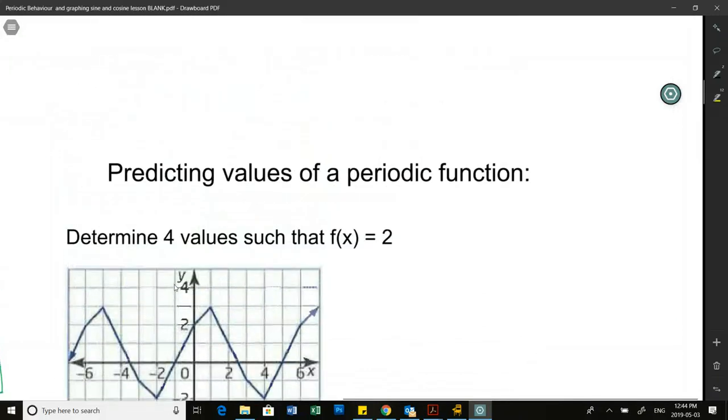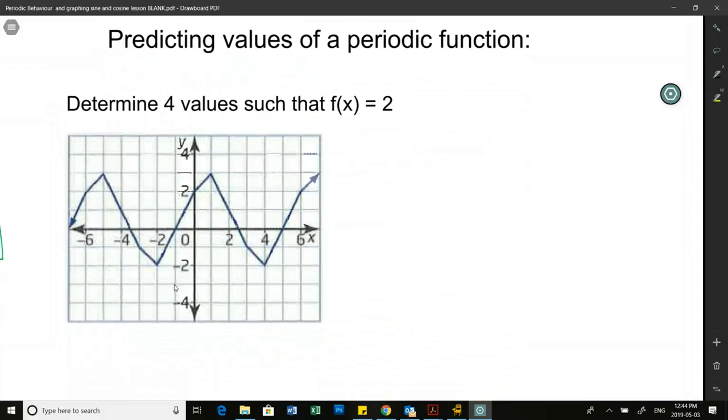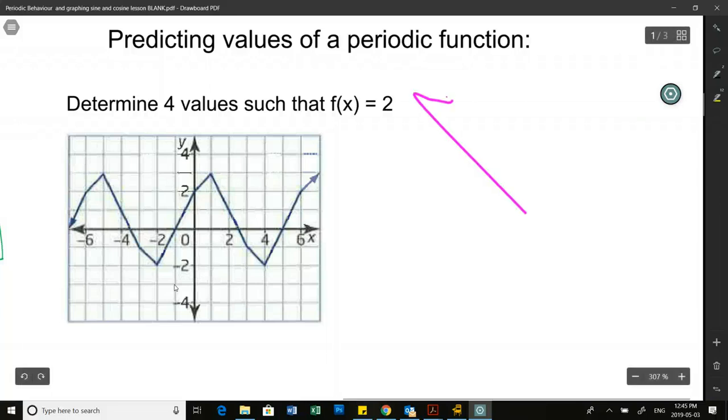All right, so we can use this idea that graphs continually repeat to predict values that are not necessarily visible on our graph. So in this question, same graph as before, we know that the period of this function was 6 from what we found in our last example. So we're just going to keep that in mind as we do this question.